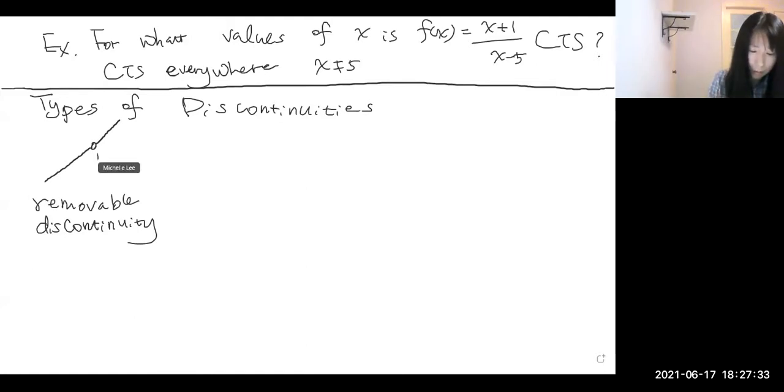And we have this kind of discontinuity we talked about earlier, right? Then we call this a jump discontinuity.